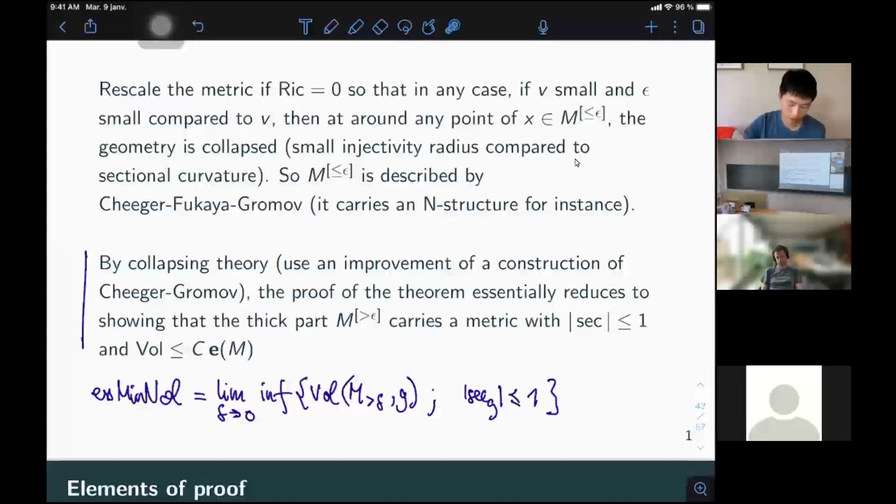Remember here, it's delta-thick in the sense of sectional curvature, so where the injectivity radius is larger than delta. But because collapsing theory plays nicely in this setting, you show that you only need to evaluate this number for some fixed delta.